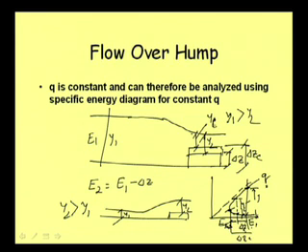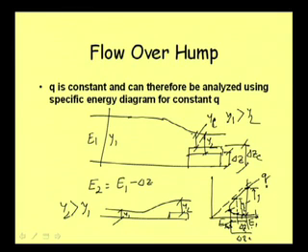Now, the condition is that if we further raise this level, then what will happen? The energy level cannot accommodate a delta z higher than that. So, this delta z will have to be accommodated by the upstream energy level, which will have to come up.